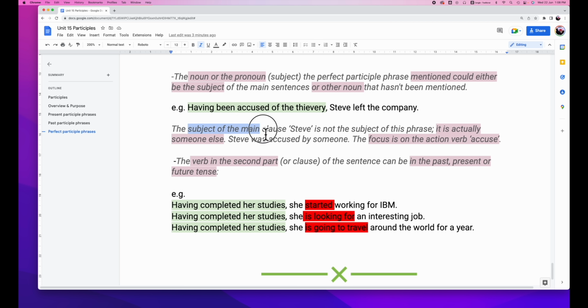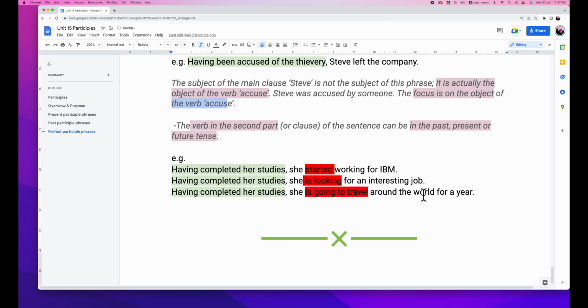The subject of the main clause, Steve, is not the subject of the phrase, having been accused of thievery. It is actually someone else. Steve was accused by someone, but not accused by himself. The perfect participle phrase focuses on the action, accused, instead of the subject.